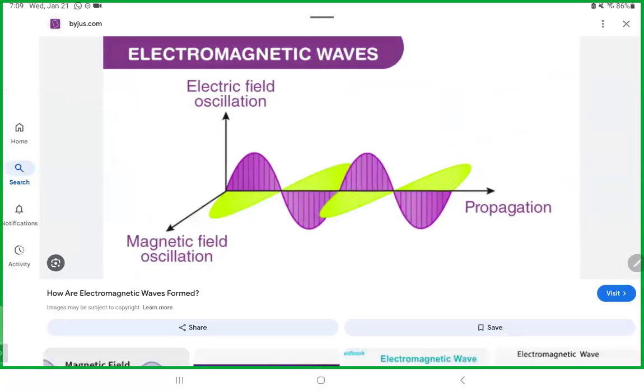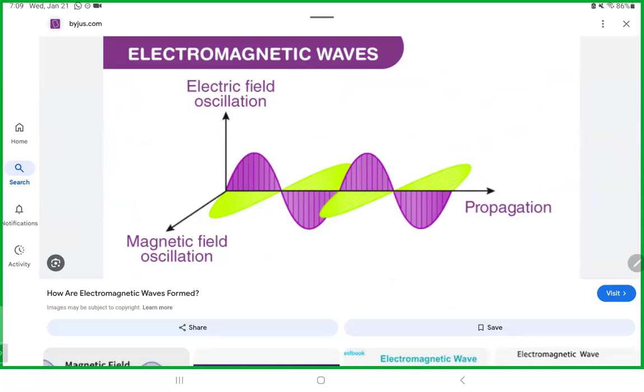You can draw this diagram, not in a proper artistic way, just for example y axis electric field, z axis magnetic field, then propagation x axis. Mention the axes also. And why are we writing the word oscillation? Because it is going up and down.